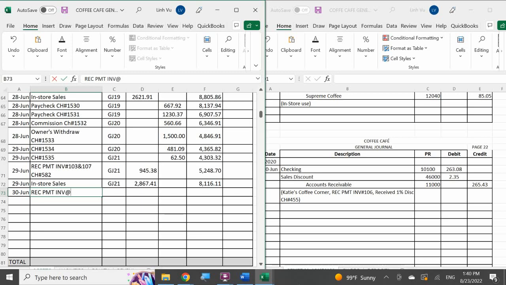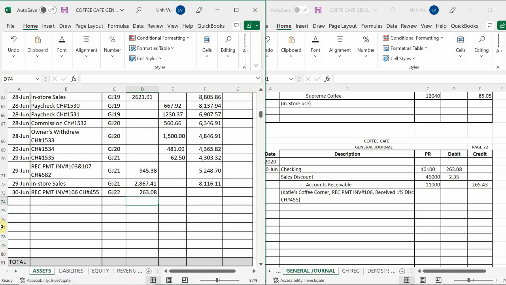Invoice number 106. Check number 455. Set 22nd journal. And we received how much money? 263.08. 263.08. So grand total is $8,379.19. Good.